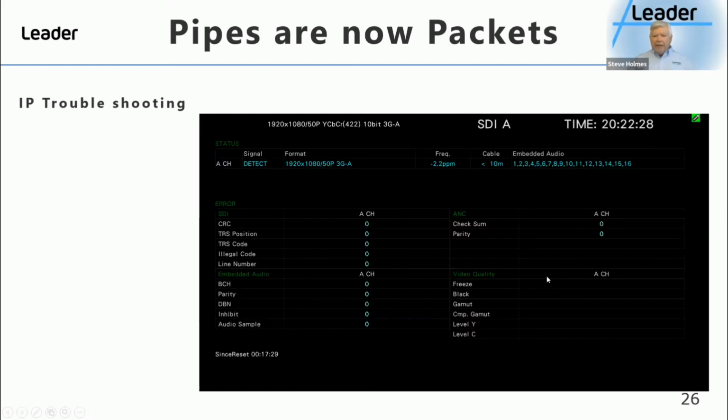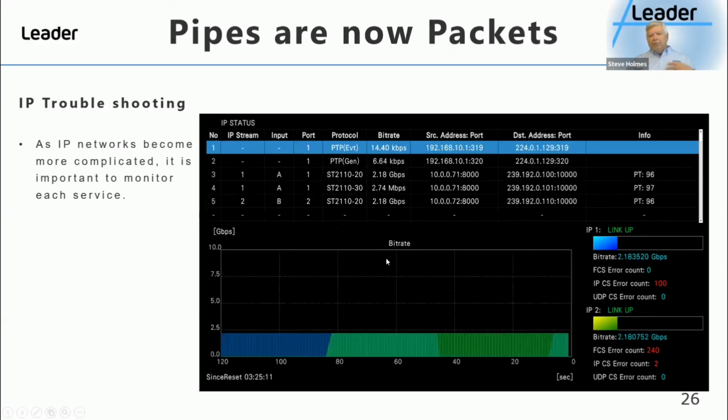In IP, instead of looking at all of these CRC, TRS positions, we're going to end up looking at the data that's coming in the door to make sure that we have our dash 20 flow, we have our dash 30 flow coming in, our PTP is here with us, and do we have any errors coming in?